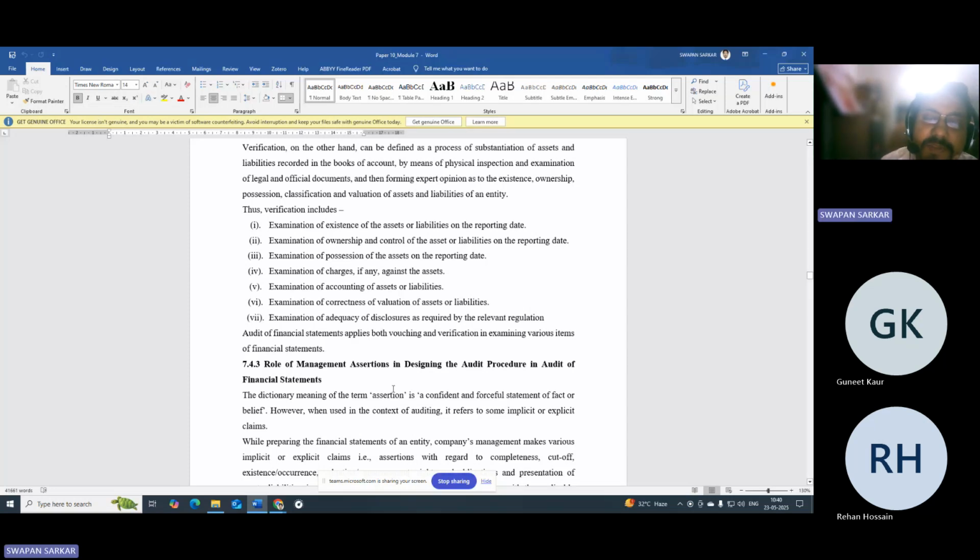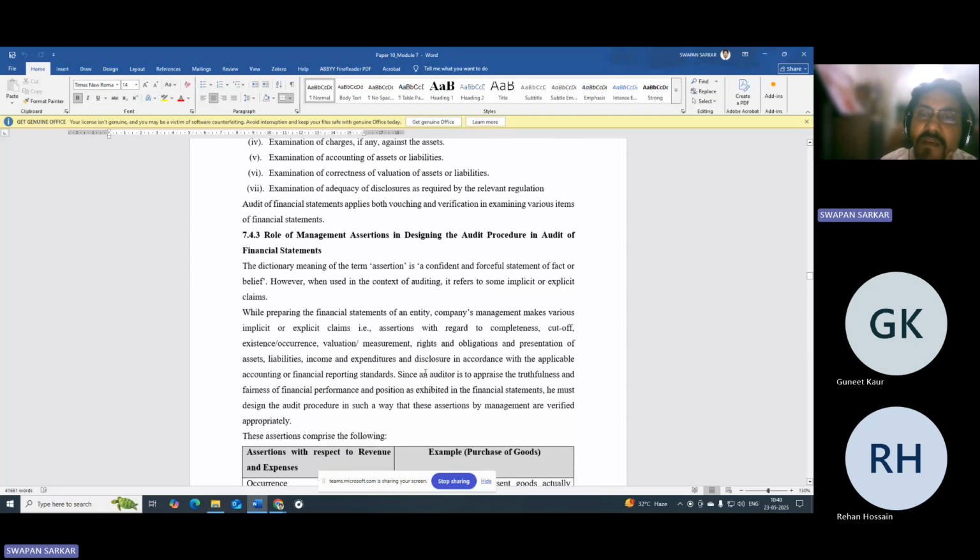Now, role of management assertions in designing the audit procedure in audit of financial statements. The dictionary meaning of the term assertion is a confident and forceful statement of fact or belief. However, when used in the context of auditing, it refers to some implicit or explicit claims.